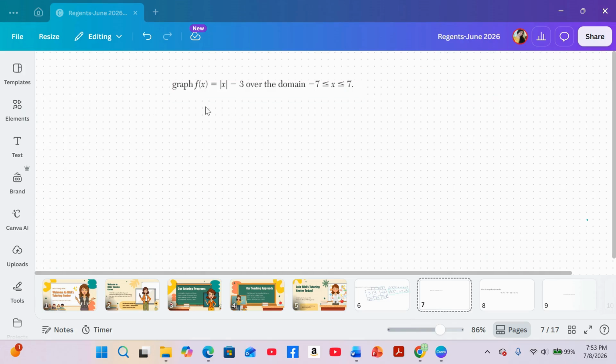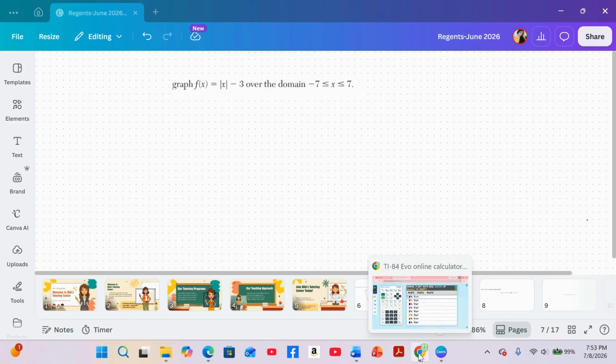The next question asks us to graph f of x equal to the absolute value of x minus 3 over the domain x is greater than or equal to negative 7 and less than or equal to 7. So let's head over to our calculator.